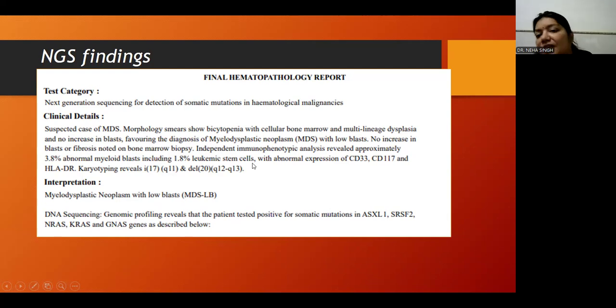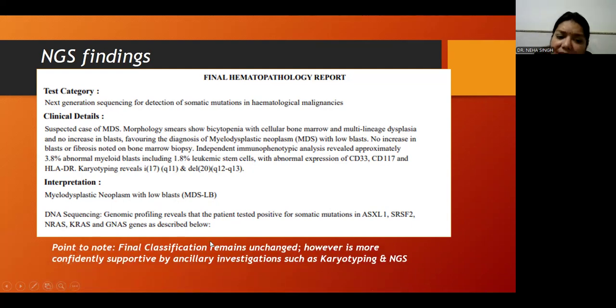So I told you, when you have additional flow information, that strengthens your diagnosis in sophisticated cases where labeling a case as neoplastic can burn your fingers. So flow helped us in such kind of cases. And this case on NGS showed ASXL1, SRSF2, NRAS, KRAS, and GNAS mutations.